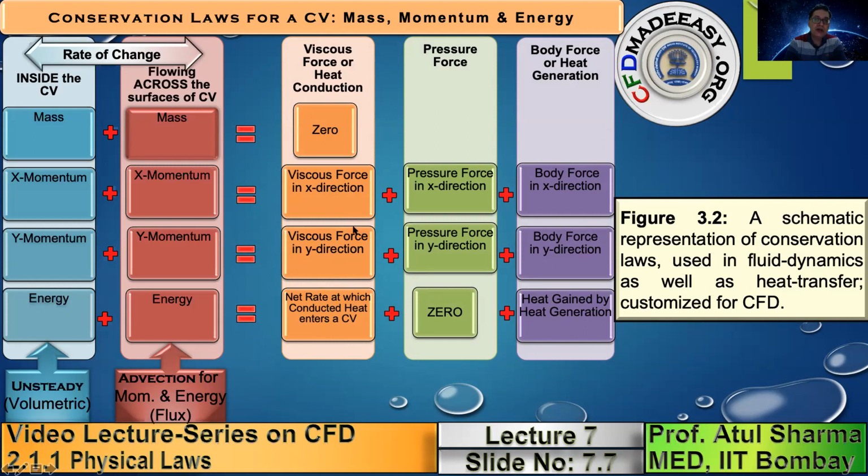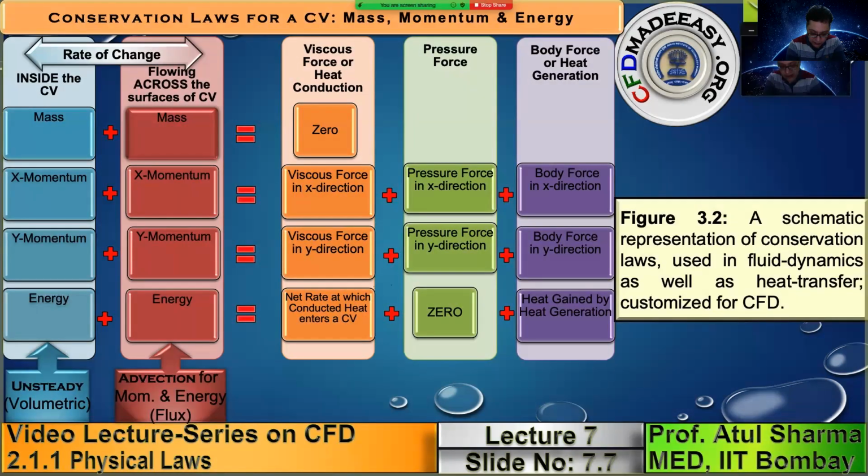Now, the forces which are presented on the right-hand side, this viscous force can be expressed as Fv. This is acting in the x direction. This viscous force is acting in the y direction. And this is the total rate of heat transfer due to conduction mode of heat transfer. This is the pressure force acting in the x direction.